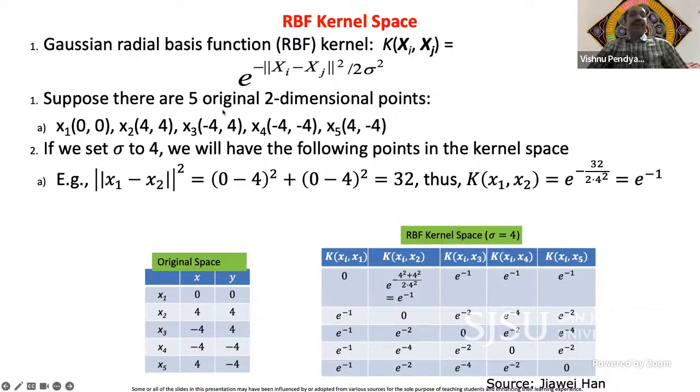And suppose there are 5 original 2-dimensional points given by these coordinates. If we set sigma to 4, we can compute the gram matrix like this. The right side table is a gram matrix, and the left side is the original feature space. So original feature space, transformed feature space. So this is just an example.